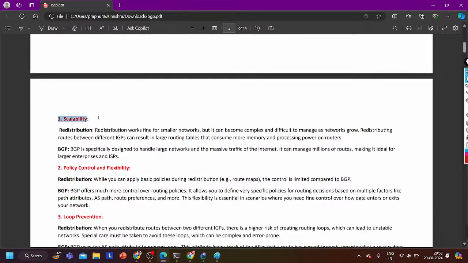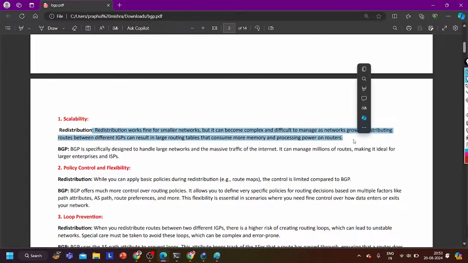Scalability, like as I told you, BGP can handle lakhs of prefixes. And while doing redistribution, what is the role of scalability, guys? Redistribution in case of IGP protocols works fine for a smaller network, but it can become complex and difficult to manage as the network grows. Redistributing routes between different IGPs can result in large routing tables that consume more memory and processing power on routers.